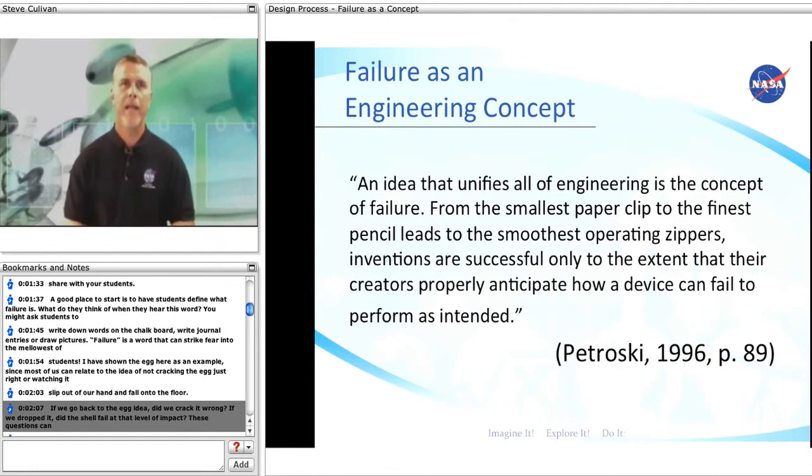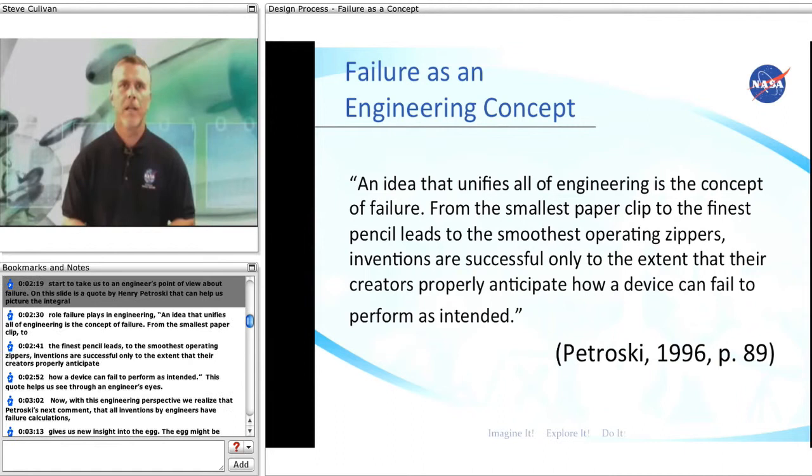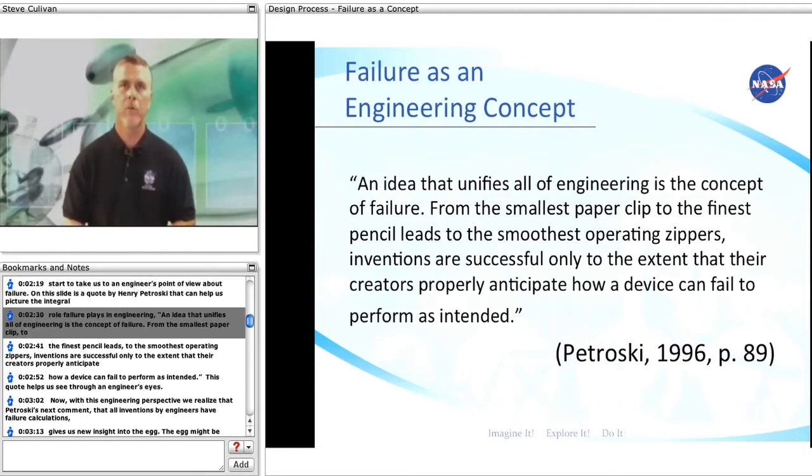If we go back to the egg idea, did we crack it wrong? If we dropped it, did the shell fail at that level of impact? These questions can start to take us to an engineer's point of view about failure. On this slide is a quote by Henry Petroski that can help us picture the integral role failure plays in engineering.